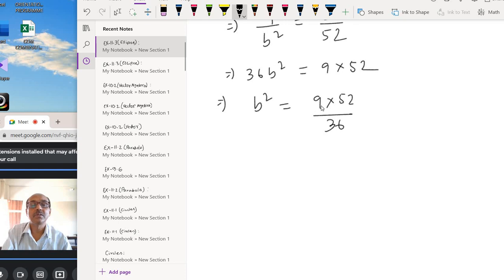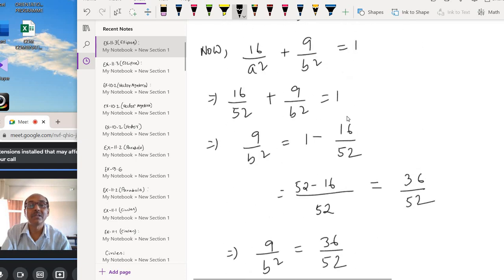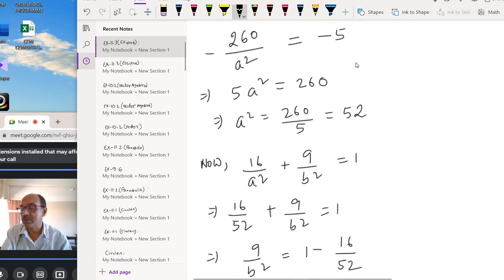So 4 9s are 36 and 4 13s are 52. So b square equal to 13. So b square equal to 13 and a square equal to 52.